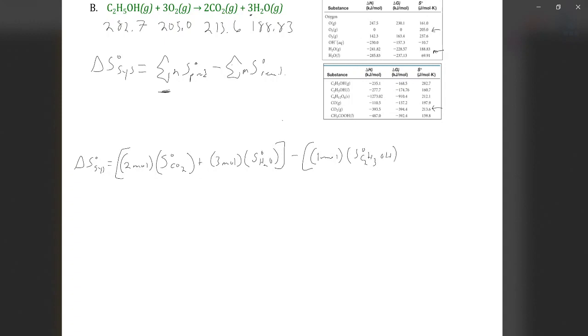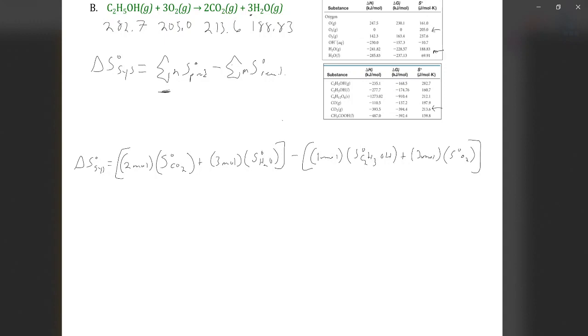Again, we know we're talking about gaseous ethanol, so you don't really have to write your state in. Plus, again, sigma notation, so we're going to say plus 3 moles times S naught of O2. Okay, so that's the base of our equation.